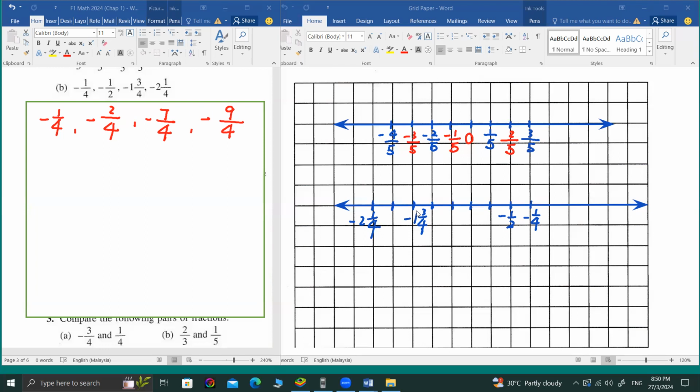Try C and D. You can follow whatever I explained: change to the same denominator, then only you apply.